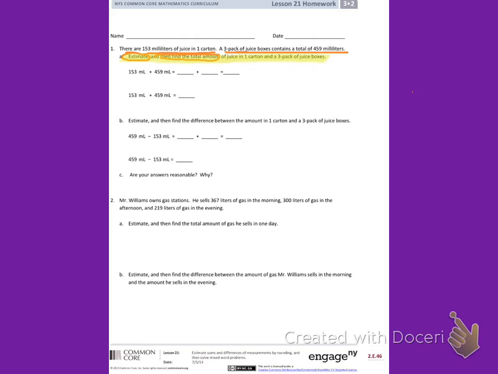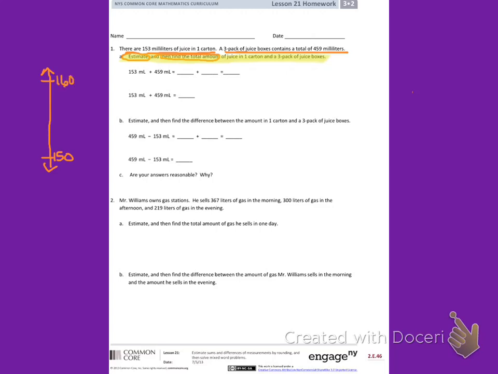Since there's 153 milliliters of juice in one carton, I will use a vertical number line to estimate, or round, the number of 153 milliliters to the nearest 10. When counting by tens, I know that 153 comes between the numbers 150 and 160.